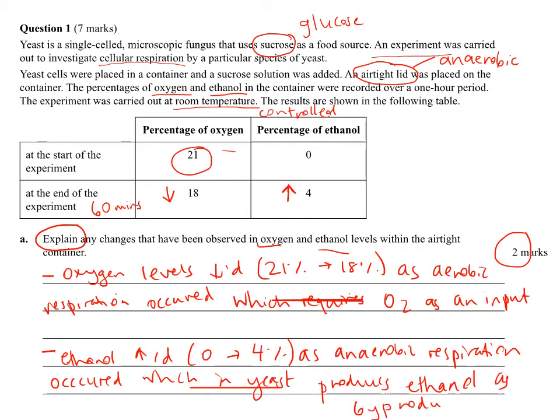Okay, something along those lines. You need to reference the oxygen and the ethanol, and you need to reference the process that is happening. So either the aerobic or the anaerobic respiration.